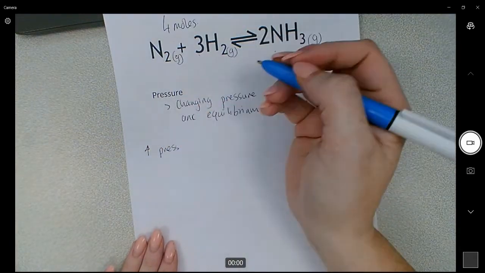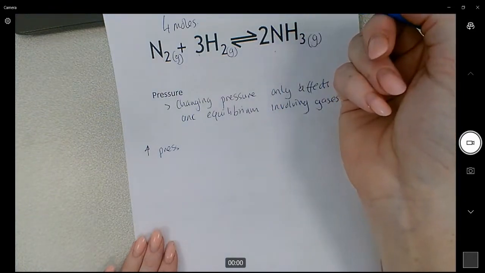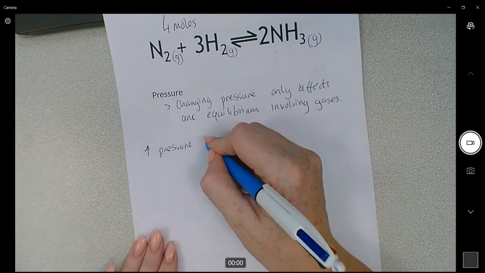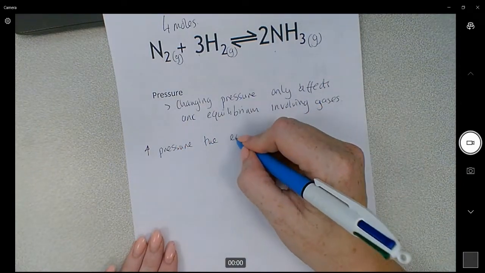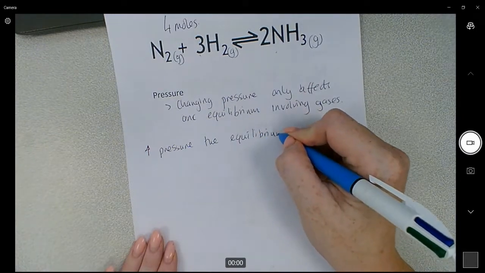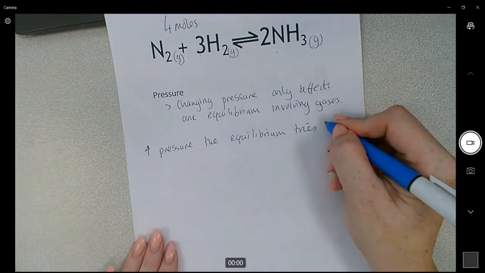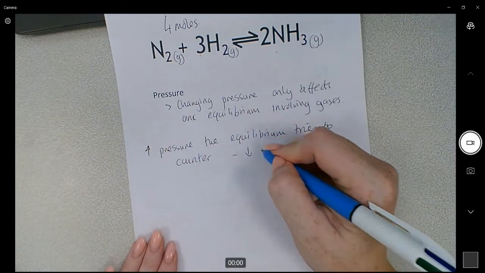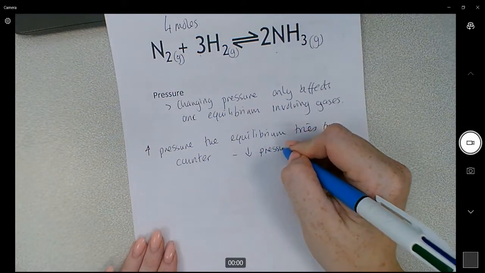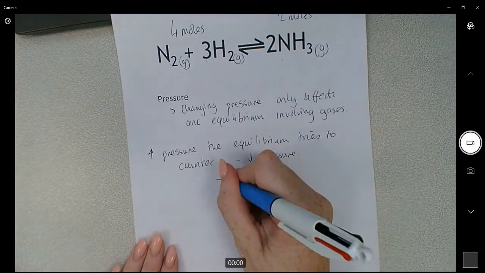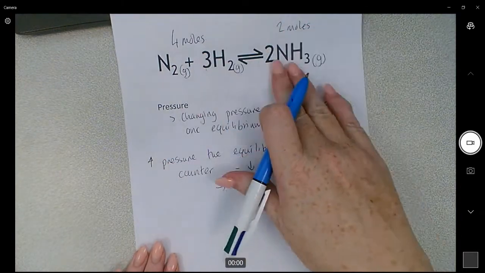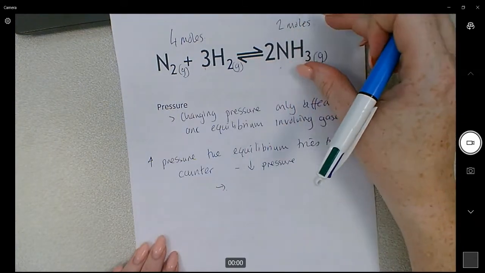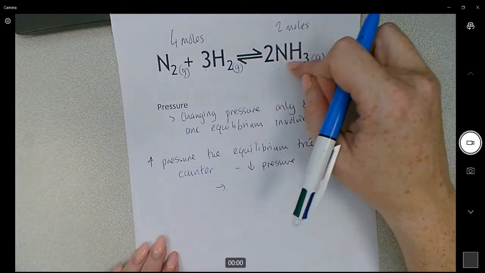So if I increase the pressure, as you know, Le Chatelier's principle, the equilibrium will try to counteract that. So in other words, it's going to try to reduce the pressure. So in this case, because I have 4 moles of gas here and 2 moles of gas there, there's fewer molecules on this side because there's only 2 moles of ammonia.